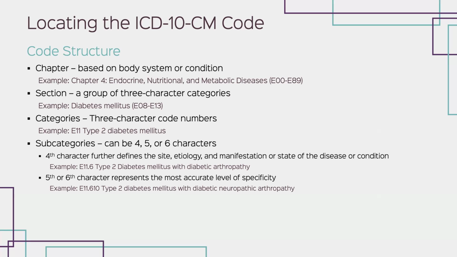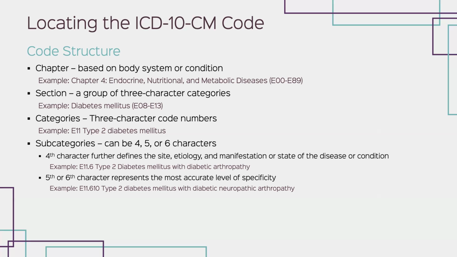Chapter 4 is your endocrine, nutritional, and metabolic diseases, so it's going to be E00 through E89. Your chapter is going to be based on that full body system. Your section is going to be a group of 3 character codes. So your diabetes mellitus section is going to be E08 through E13.